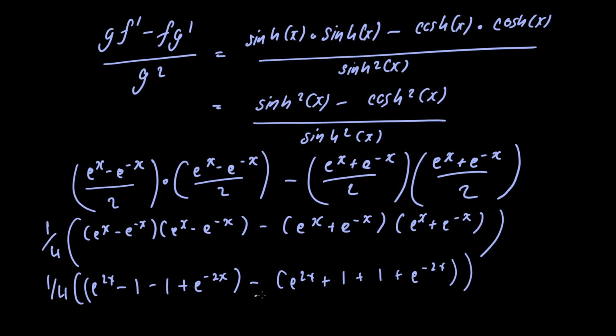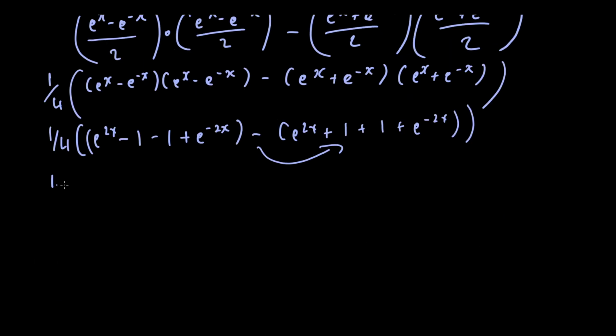So we're just going to go ahead and distribute this minus sign to everything inside the brackets there. We're going to have 1 over 4 multiplied by e raised to 2x minus 2 plus e raised to minus 2x minus e raised to minus 2x minus 2 minus e raised to minus 2x.